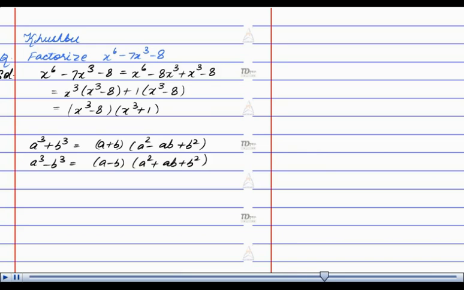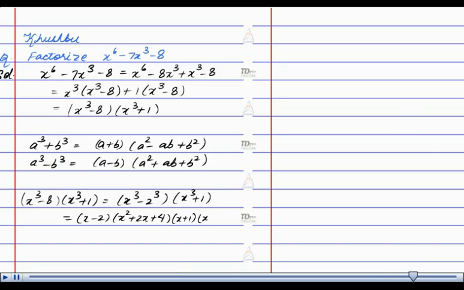Using this, the expression becomes (x cube minus 2 cube) into (x cube plus 1), that is equal to (x minus 2) into (x square plus 2x plus 4) into (x plus 1) into (x square minus x plus 1). This is the required solution.